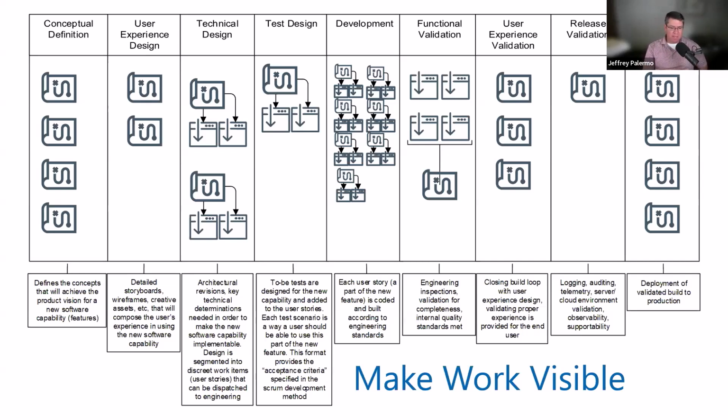The next stage is user experience design. That is where we decide how a person is going to use a change in the software system. If it's a change to a screen, we do the wireframes in that column. Then we move on to technical design: design patterns, libraries, perhaps architectural changes. This is where we break it down into individual development tasks. The next step is test design.